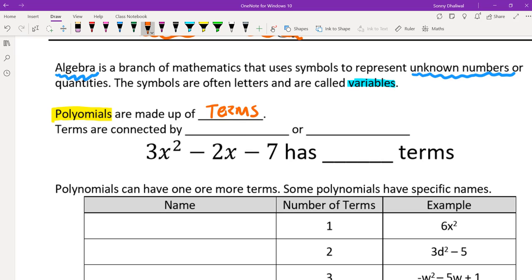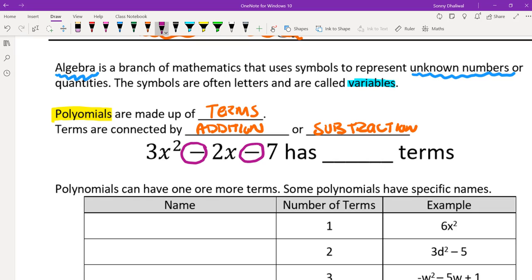How do you figure out how many terms an expression has? The terms are separated or connected by addition and subtraction symbols. I have an expression right below here, 3x squared minus 2x minus 7. I want you to circle the minus signs, or the subtraction signs.